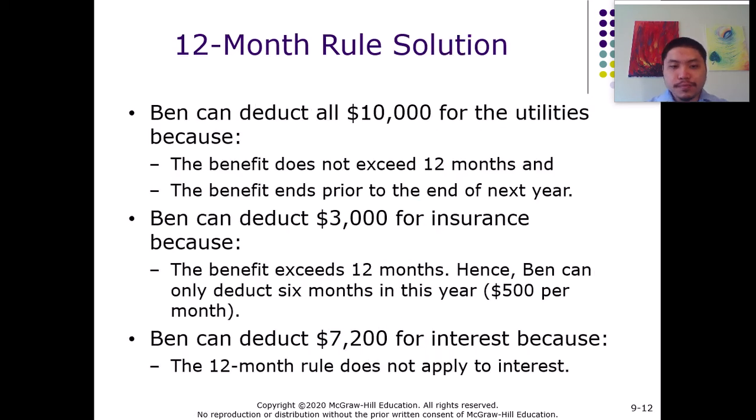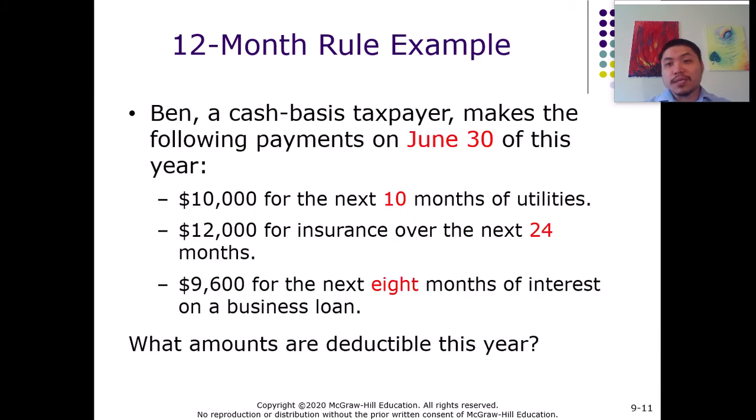So in this case, we calculate the monthly expense for the insurance. He paid $12,000 for 24 months, so the monthly expense is going to be $500. Since the benefit for this year is only 6 months, we take $500 times 6, and that gives us $3,000.